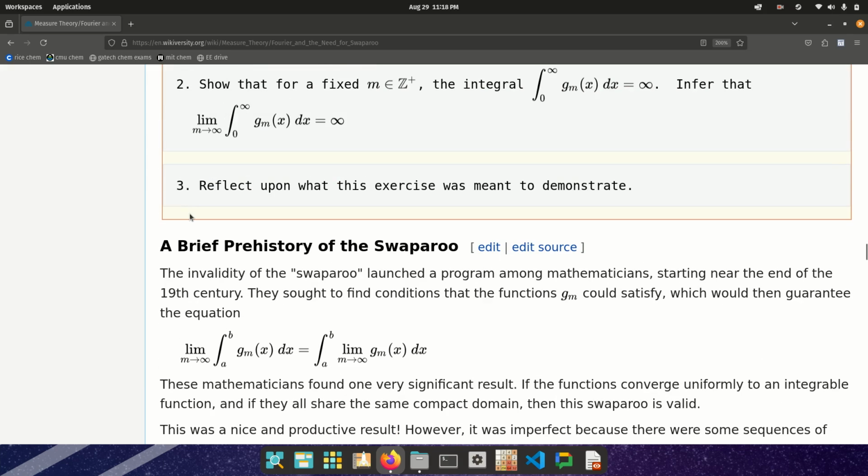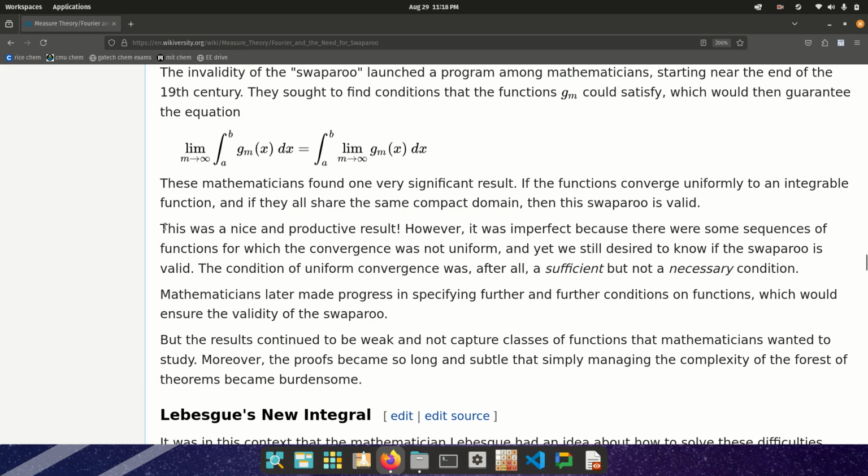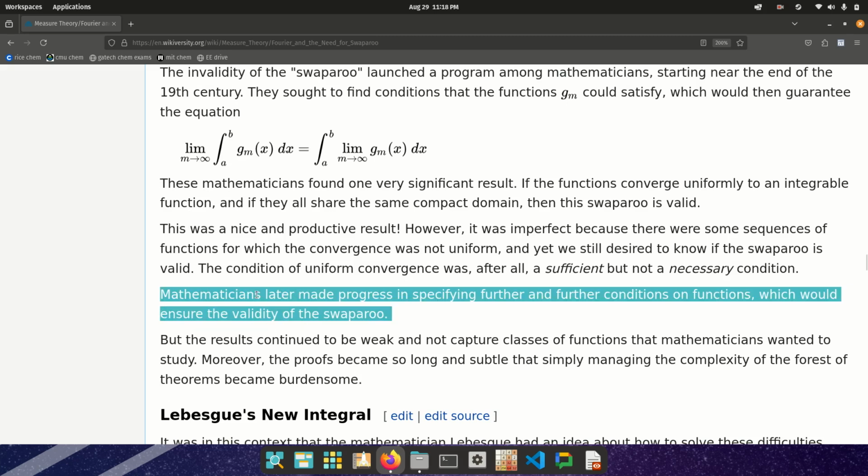For a while, historically, a bunch of mathematicians worked on how you could do this. You may even remember from an earlier real analysis course that if the sequence g_m converges uniformly and everything is integrable, so each g_m is integrable and they converge uniformly to an integrable function, then the swap of limit and integral is guaranteed. Historically, that was a big breakthrough. When mathematicians finally found that out, it did a lot of the work that they needed it to do.